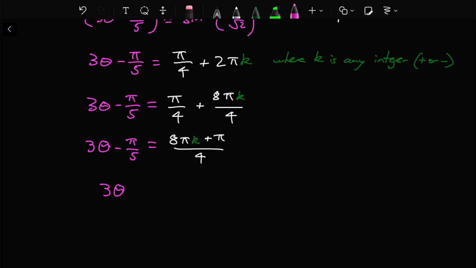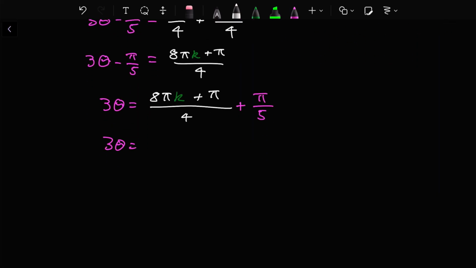3 theta equals this thing plus pi on 5. So 8 pi k over 4 plus pi, plus pi on 5. Okay, and now we just got to get them on the same denominator. Yes, it's long, but it is just algebra at this point. So I'll do it fast, and if you need to pause to figure out how I did it, that's fine.